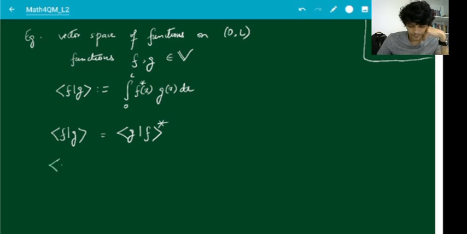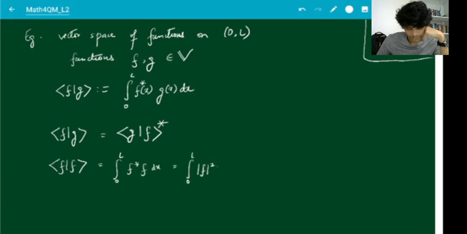If f comma f, if you calculate it, this is just the integral 0 to L of f star into f dx, which is the integral 0 to L of mod f square. Mod f square is a function that is always going to be positive, therefore its integral over this interval is going to be a positive or non-zero number. And if this turns out to be 0, it can only happen if the function f is identically 0, so f has to be the null vector.